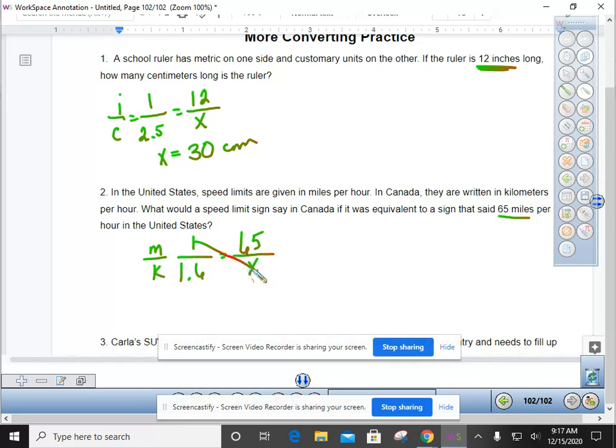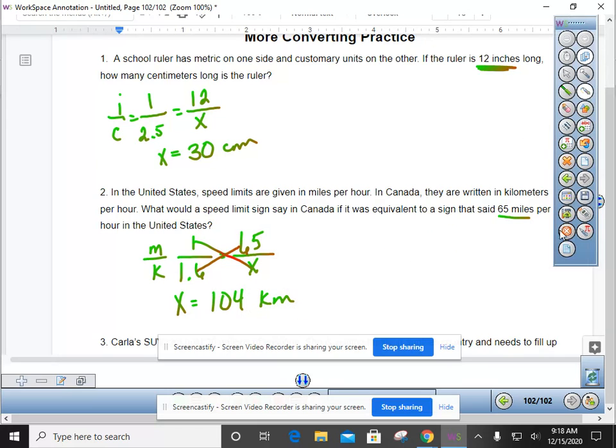So when we cross multiply, we're going to get x equals whatever 1.6 times 65 is. What'd you get? I got 104. Perfect. It's going to be 104 kilometers.